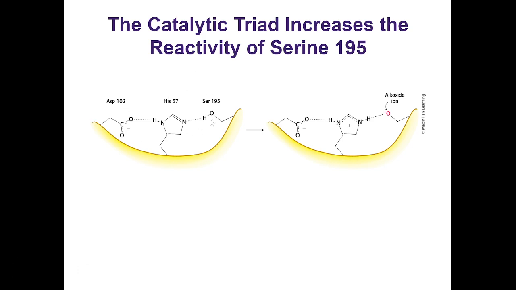So this right here is what it looks like. There's the ASP102. This is stabilizing this group right here, the His57, through this hydrogen bonding here, okay? And notice again, that's hydrogen bonding with a negative group, right? And so it can share some of that negative charge over, okay? And so this His57 then is going to act as our base. This is actually going to help abstract this hydrogen off of an OH.